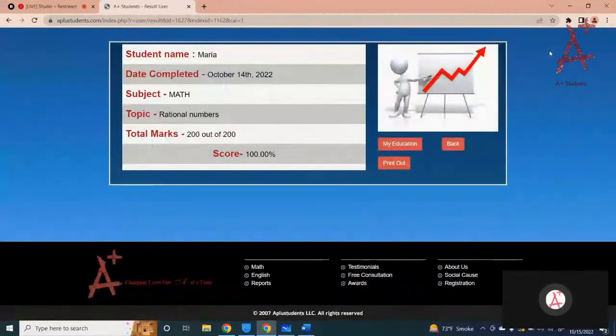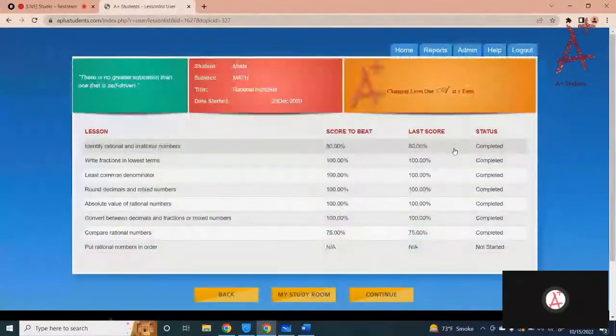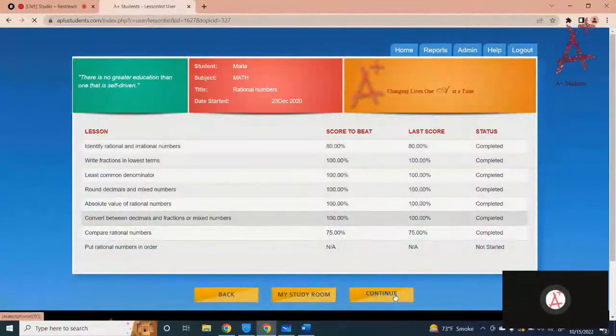The next topic is convert between decimals and fractions or mixed numbers.